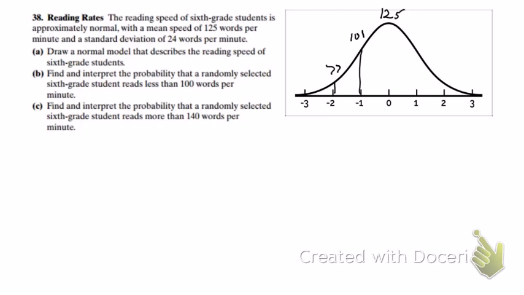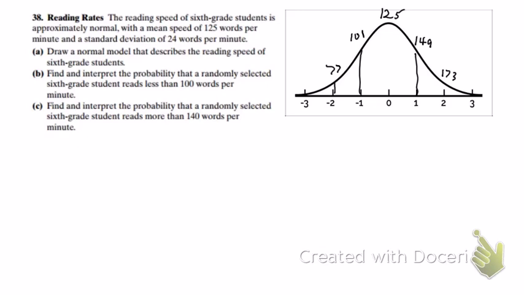I'm just doing 2 standard deviations from the mean. So 1 standard deviation this way is what, 149? And 173. Okay, so there's a quick sketch.